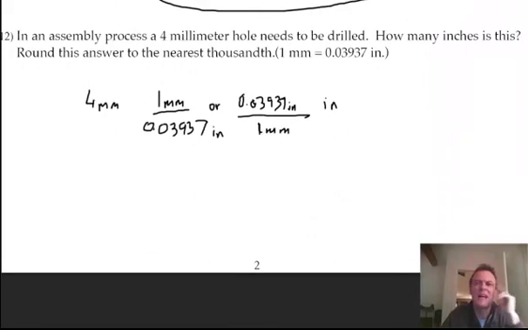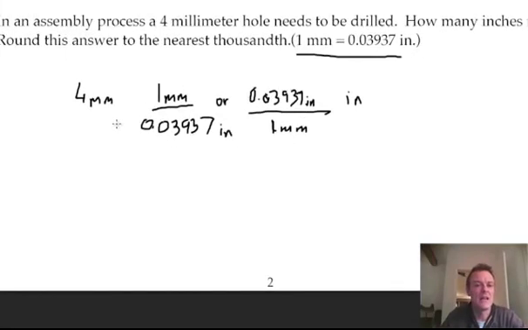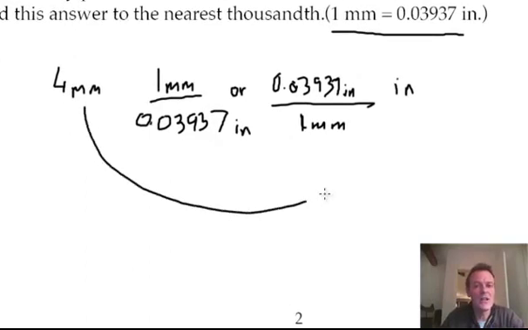Look at this below. A 4mm hole. But how many inches is that? Now we're given the conversion factor here: 0.03937. Now you're going to multiply by that 0.03937 or divide by it. Let's have a think about this. I want to go from millimetres to inches. So I need to think about cancelling the word millimetre and just be left with the word inch.